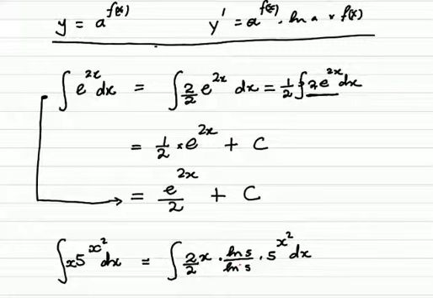I hope you see that there's nothing wrong with what we've done here. The quantity holds because 2 over 2 is 1, and ln of 5 over ln of 5 is also 1. So we've transformed the integral in an equivalent way, so to speak.